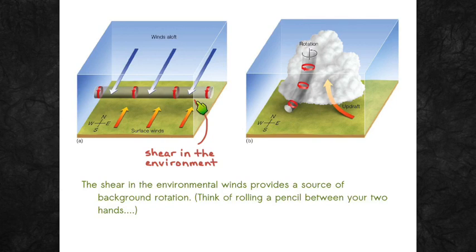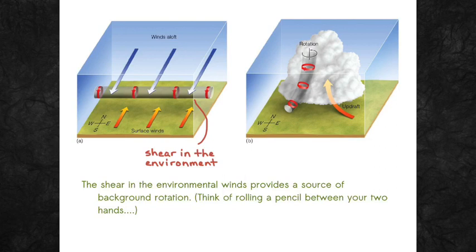And you can imagine if you had your hands, and in between your two hands, you stuck a pencil. And then you moved your hands in the direction shown by these arrows here. That is, you move your lower hand in the direction of the orange arrows, and then move your upper hand in the direction of the blue. So maybe your lower hand goes away from your body, and your upper hand comes towards your body.